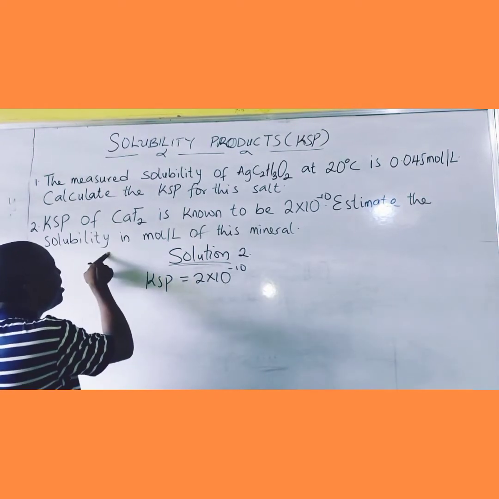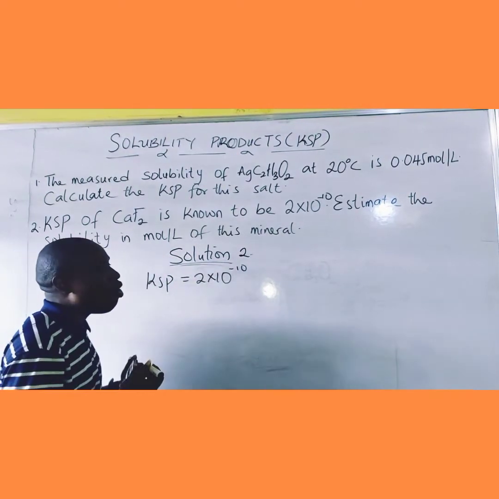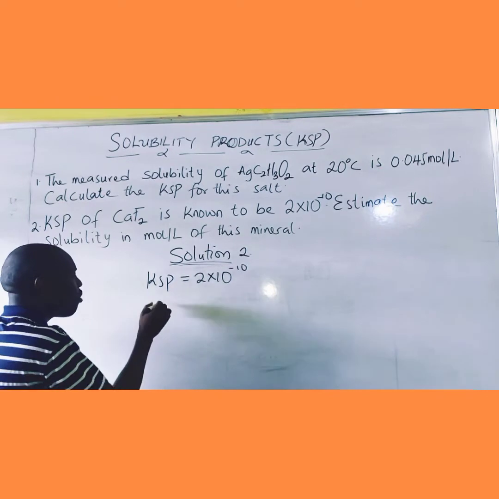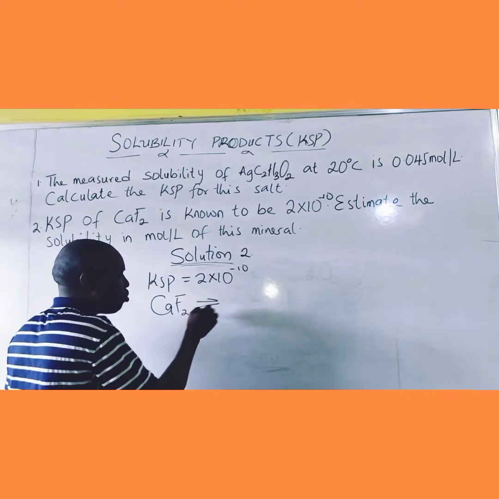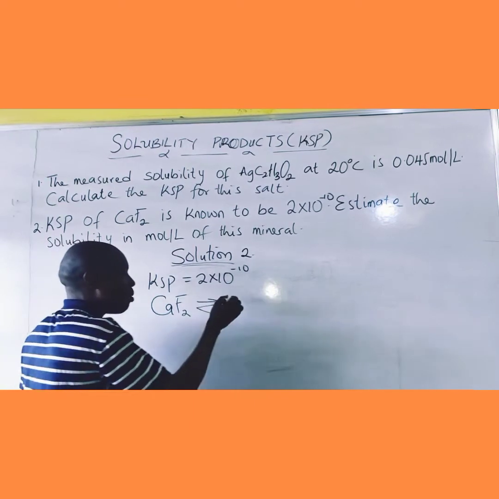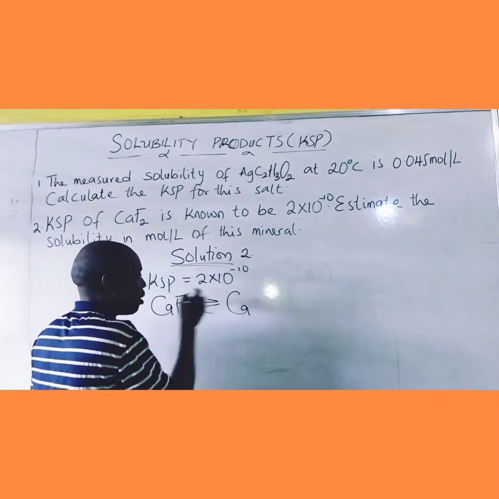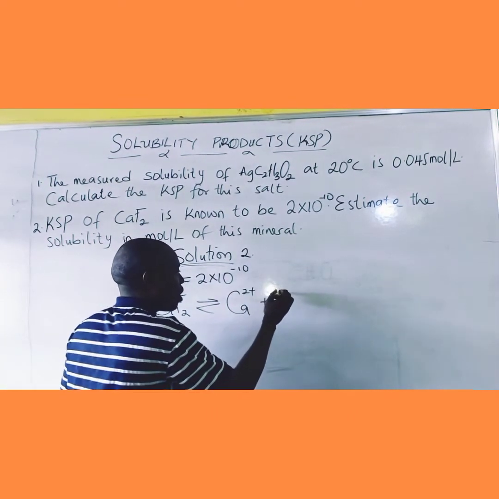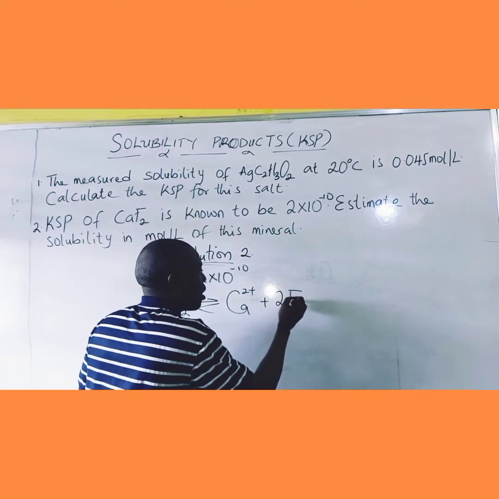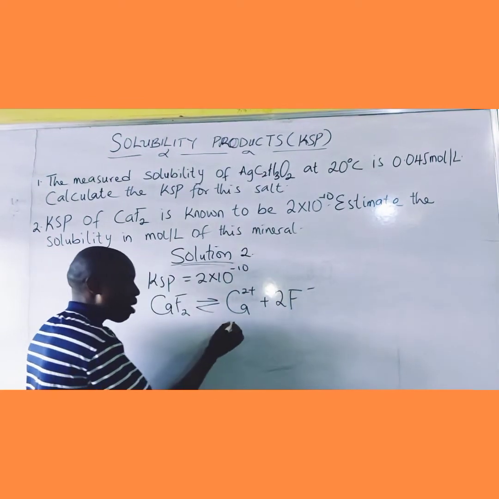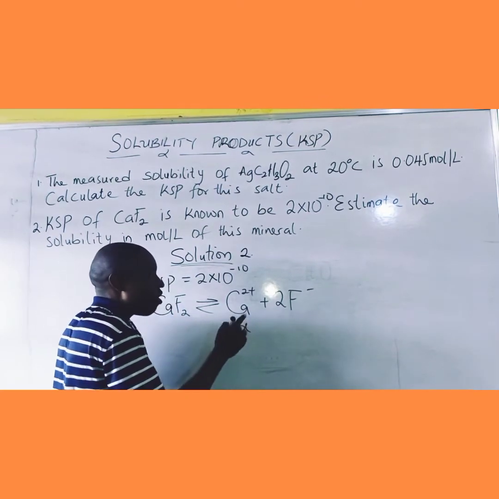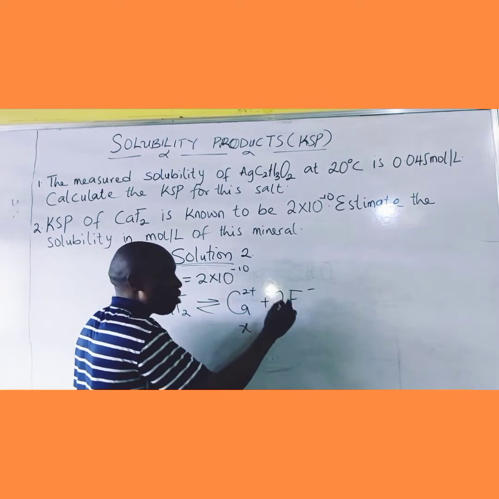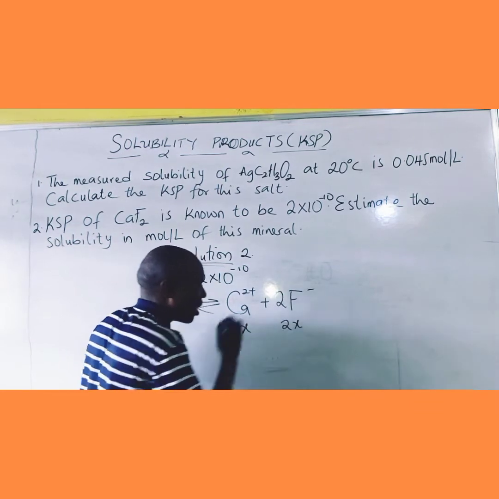Estimate the solubility in mole per liter of this mineral. Simple. When calcium fluoride ionizes, we have calcium, Ca 2 plus, plus 2F minus. The calcium ion is X, while the fluoride ion is 2X.